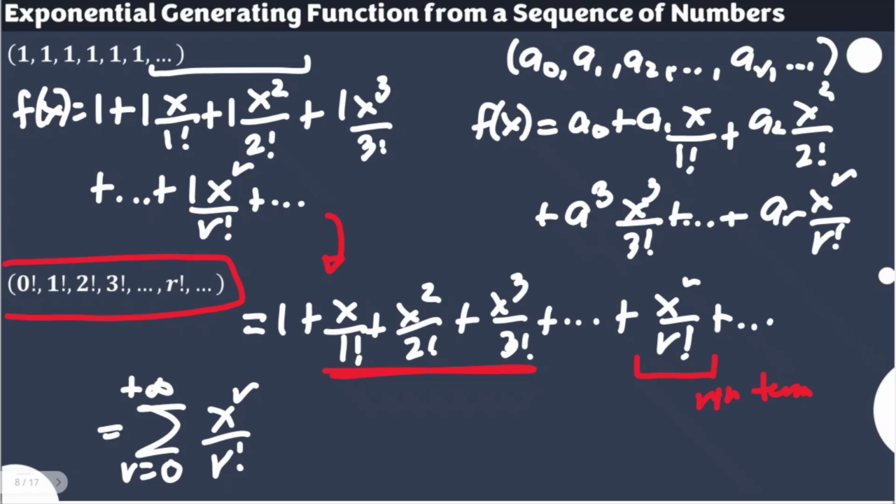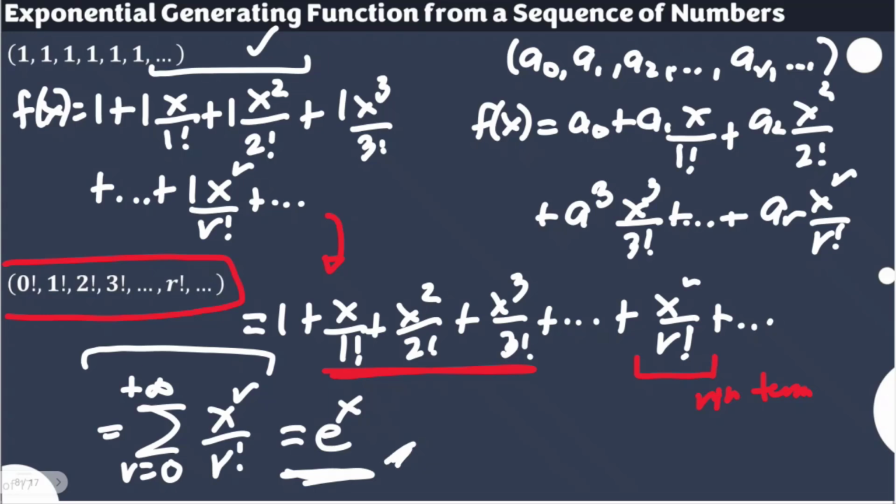And this is actually an important identity for this topic, as this is equivalent to e to the power of x. This is the notation that indicates the simpler form when we have our sequence of numbers all equal to 1. So take note of this. It is also very important as we move further to the deeper topics on the exponential generating function.